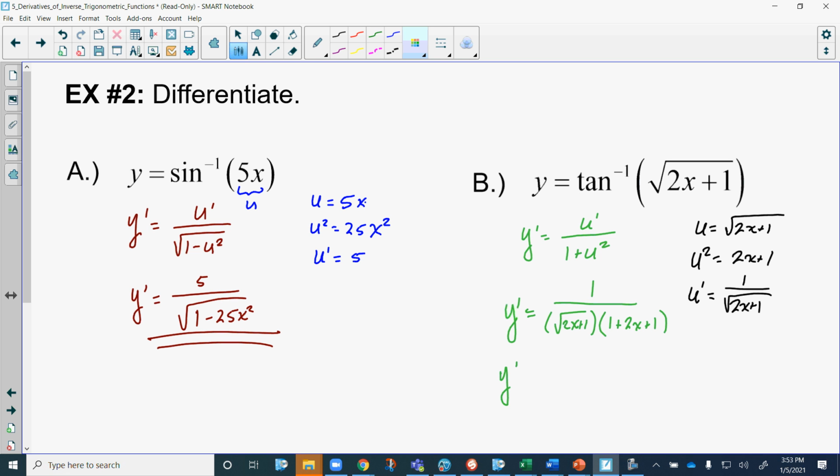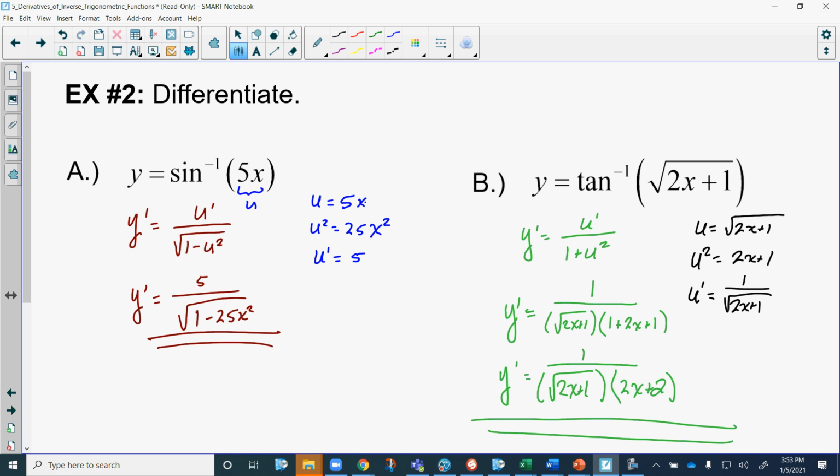So that's going to give me 1 over the square root of 2x plus 1 times 2x plus 2. Oops, why am I writing a 12? 2x plus 2. Oh, get my pen. And there we go.